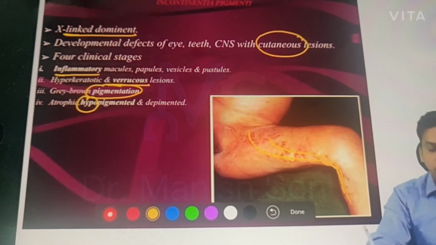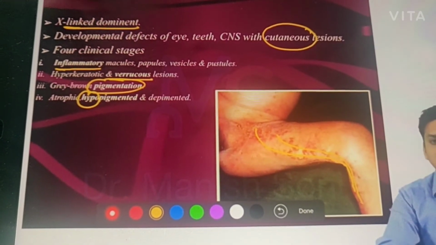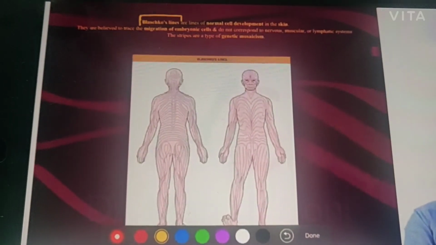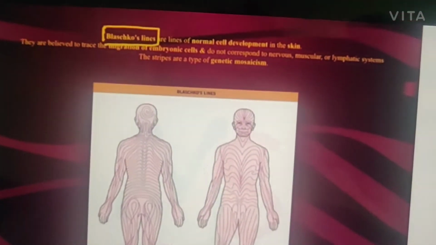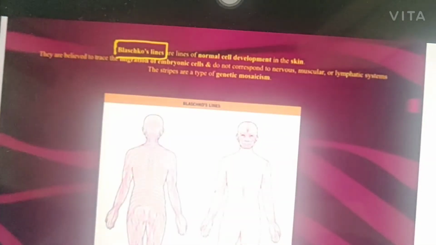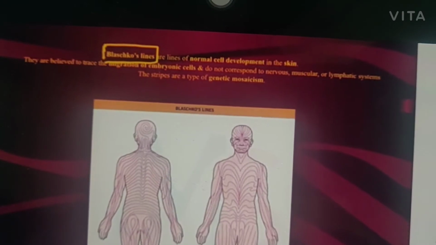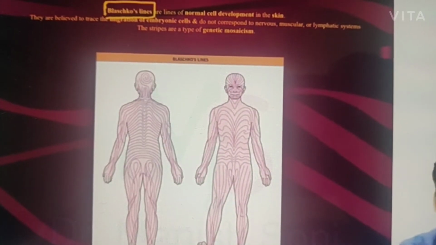These lesions follow imaginary lines of development of skin, which are known as lines of Blaschko. So these are Blaschko lines where the lesions are generally present. Initially they are inflammatory, then verrucous, then hyperpigmented, and then hypopigmentation is seen.